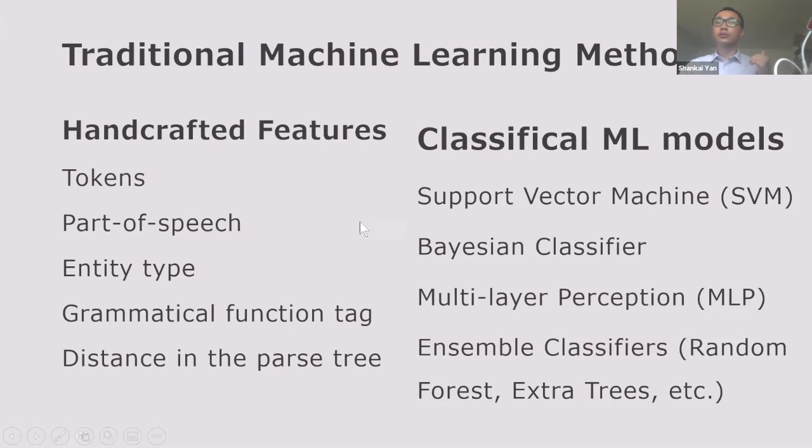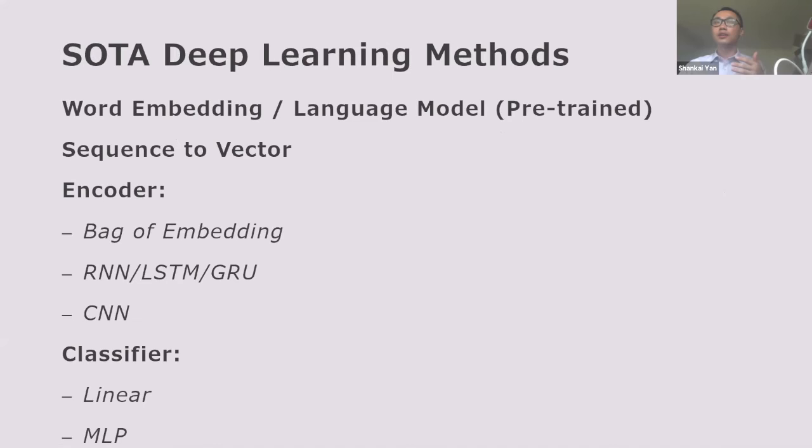Then you will input these features into a classifier like SVM, Bayesian classifier, or other ensemble classifiers. That is the approach applied on BioNLP in the past, or in some simple tasks. You can also use these kinds of methods to get decent results, or you can get baseline results.